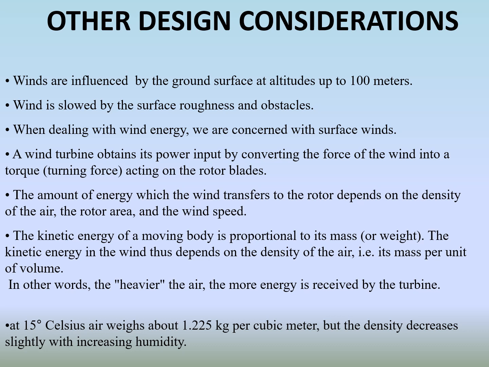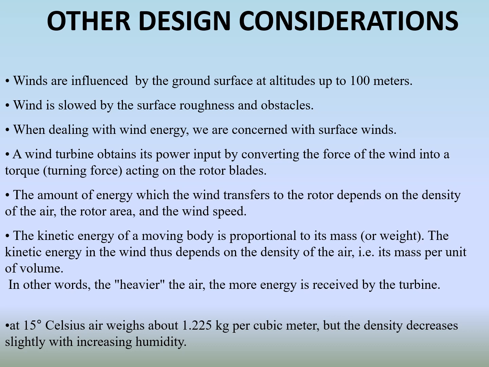Fifth, the amount of energy which the wind transfers to the rotor depends on the density of the air, the rotor area, and the wind speed. The kinetic energy of a moving body is proportional to its mass or weight. The kinetic energy in the wind thus depends on the density of the air, its mass per unit of volume.